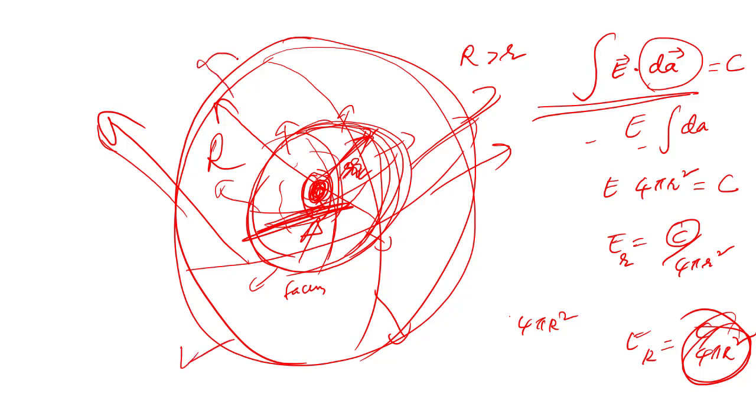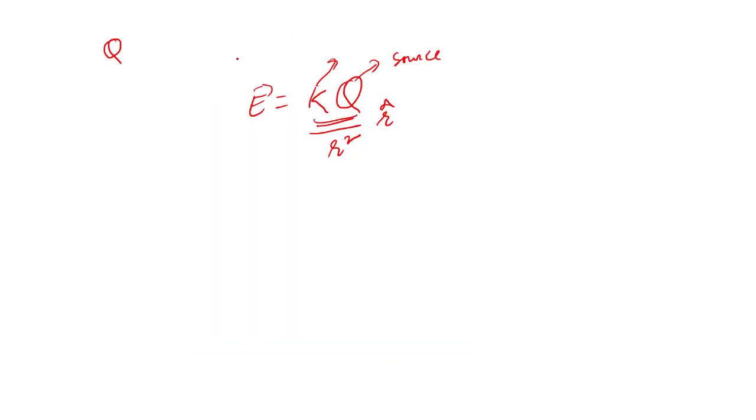Now it's easier to see that if I take the divergence of E in spherical polar coordinates, we know how to take the divergence in spherical polar coordinates from what we have looked at in chapter 1. Recall that the divergence of r hat over r square is 4 pi delta cube r.